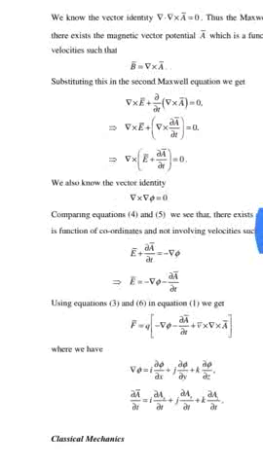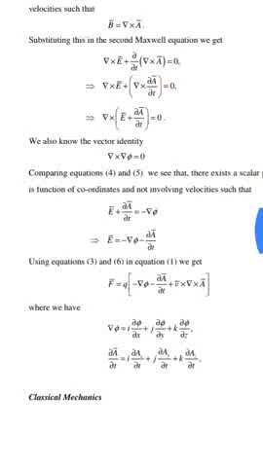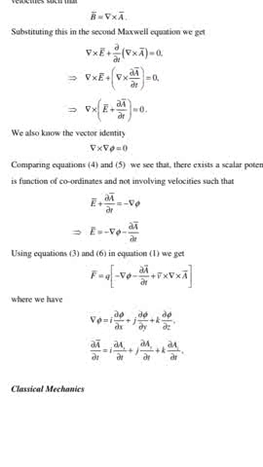We also know the vector quantity del cross del phi is equal to 0, and we get E bar plus dou A bar by dou t is equal to minus del phi, and E bar is equal to minus del phi minus dou A bar by dou t.